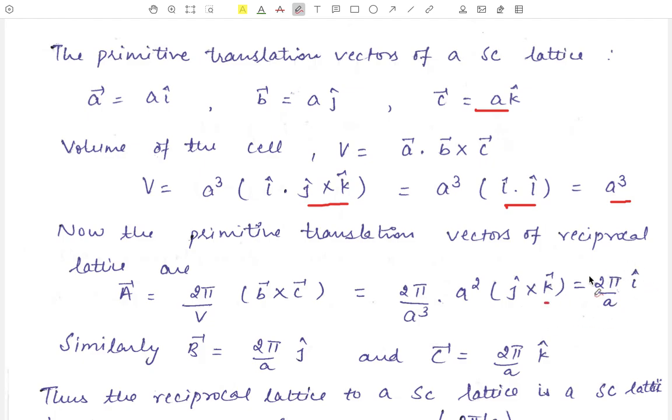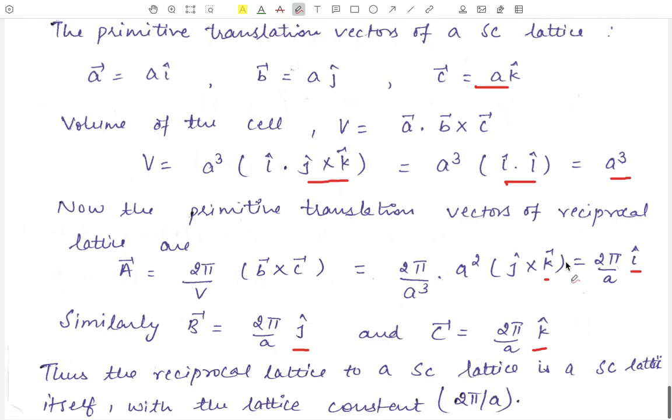Therefore the capital A vector comes out to be 2 pi upon a into i cap. Similarly, capital B vector comes out to be 2 pi upon a into j cap vector, and capital C vector will be equal to 2 pi upon a into k cap vector.